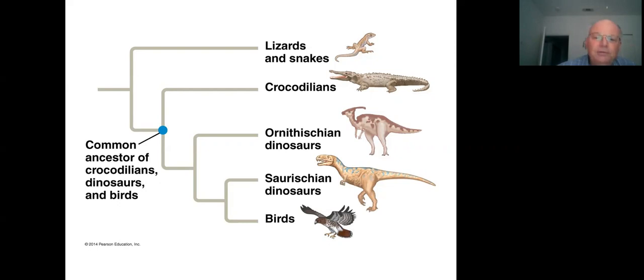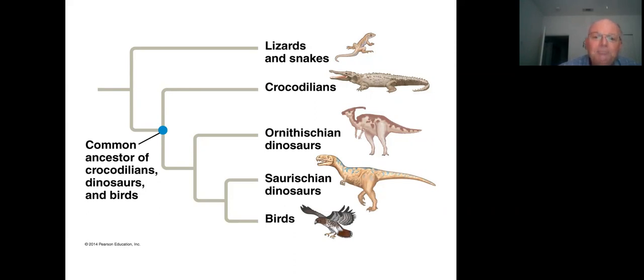So what we can do is do some cladistic analysis. Features that birds have that are unique to birds and not found in crocodilians must be derived features, and therefore logically found in all dinosaurs, because they're shared derived features.